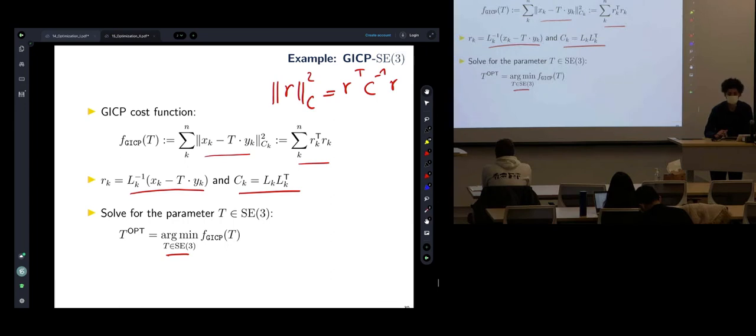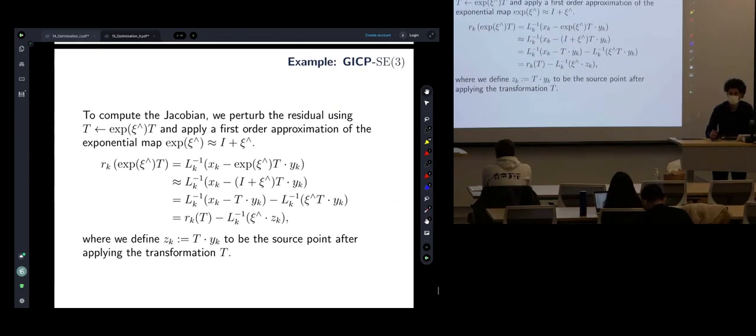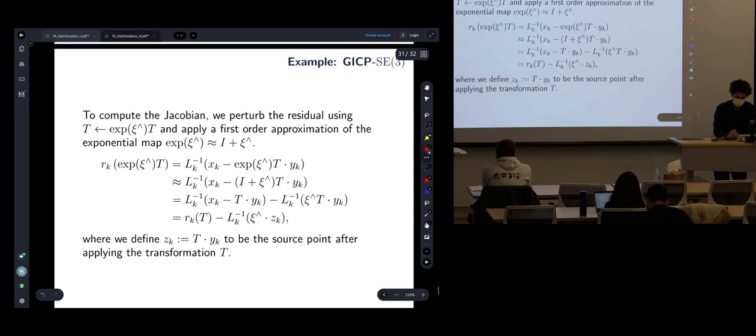If I want to solve this using Gauss-Newton, I need to find the Jacobian. Once I know the Jacobian, I can just solve the problem. So to find the Jacobian, in this case, it's easier to perturb from the left side. You can try the right side and see why this is easier. You can ignore L, these are just weights, right?